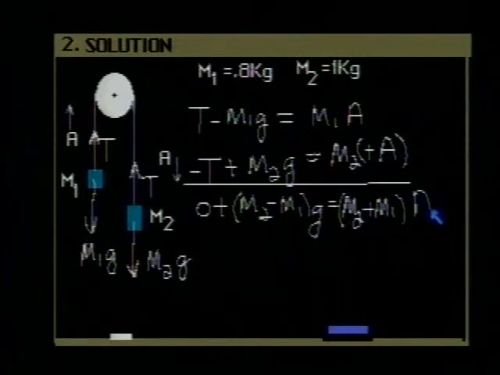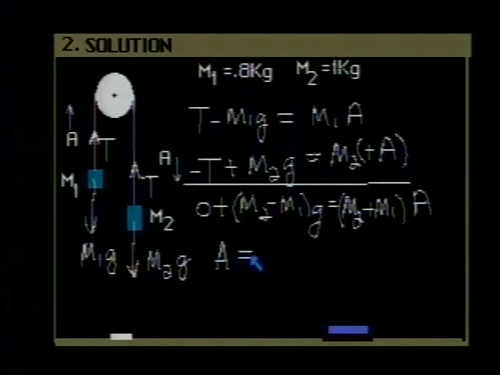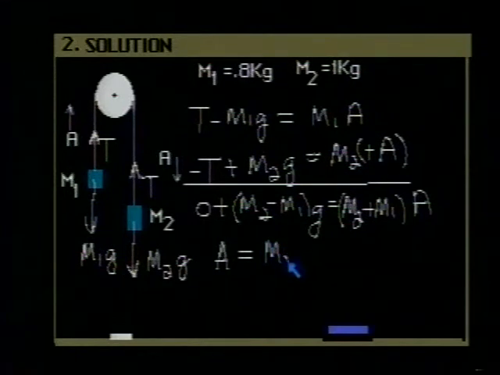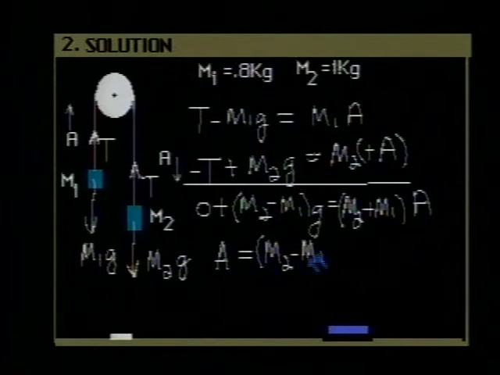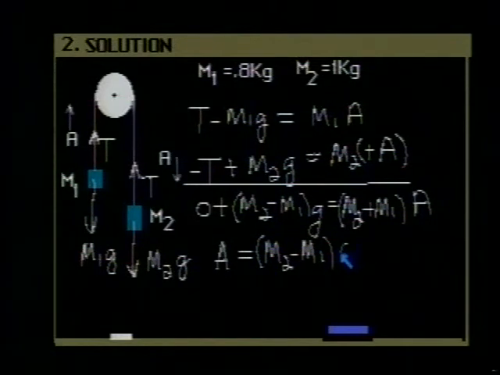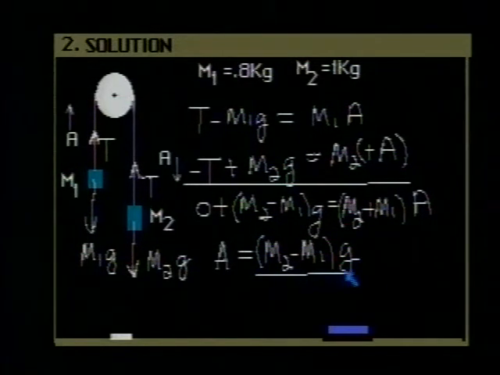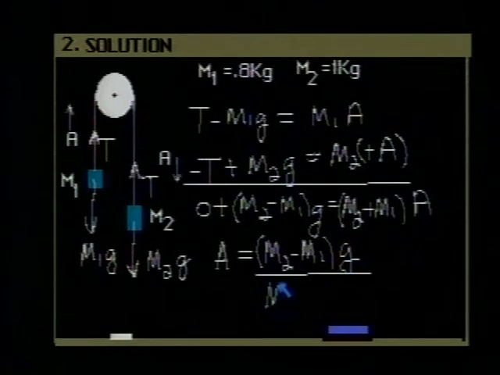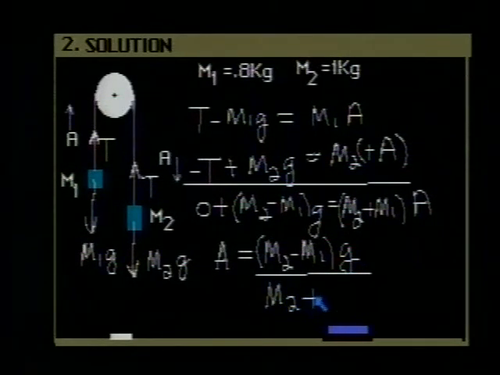If we solve for A, then A is equal to M2 minus M1 times g, divided by M2 plus M1.